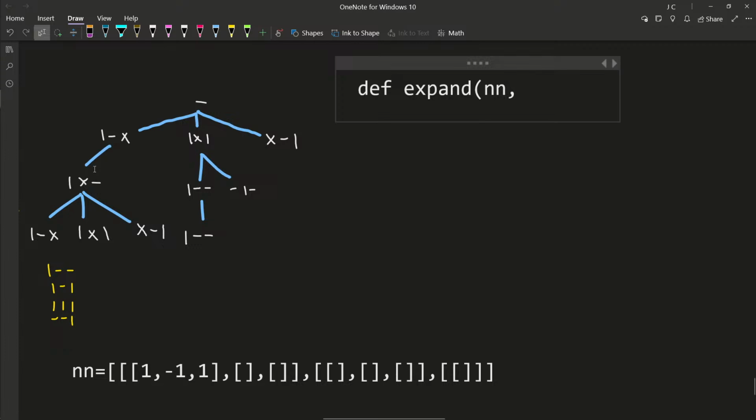Like if you're expanding this, yeah, so like parent, you need parent activation. Right? I don't know, this is not going very well.